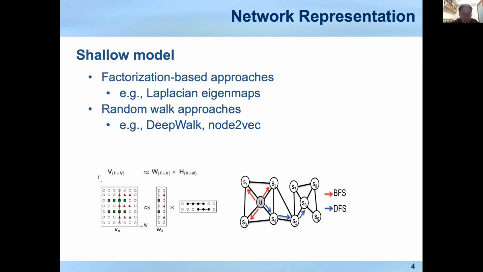Another is the random walk approach, inspired by word2vec. Many random walk approaches employ random walks to get a node sequence, where two adjacent nodes in the sequence have close embeddings. The representative methods are DeepWalk and node2vec.